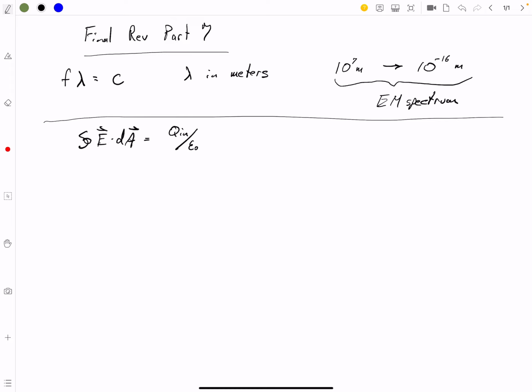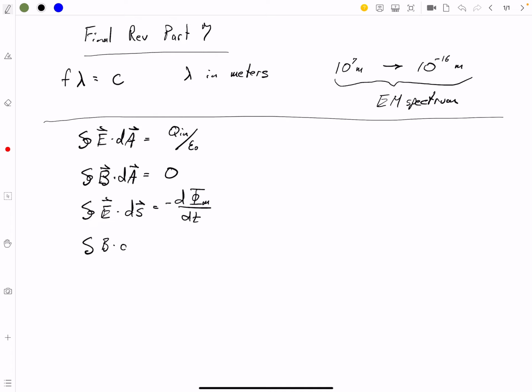Okay, so we've got one law. We've got two laws. We've got three laws. We just talked about that one, Faraday's.